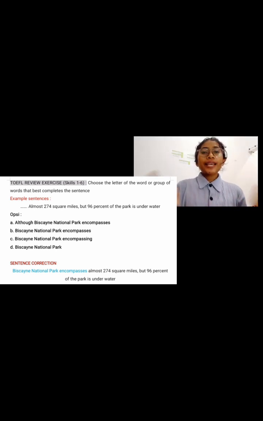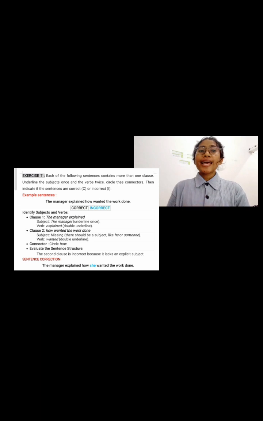Exercise 7. Each of the following sentences contains more than one clause. Underline the subject once and the verb twice. Circle the connector, then indicate if the sentences are correct or incorrect. An example of the sentence is as follows.